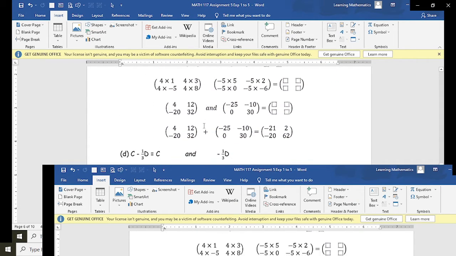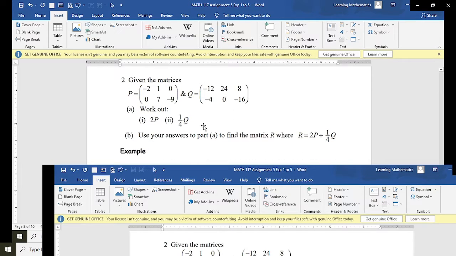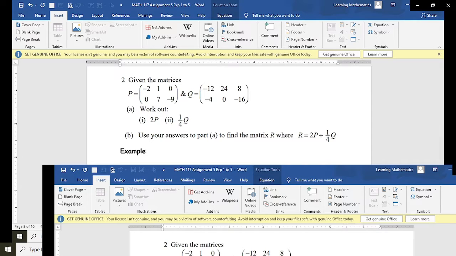Right. And then we have 2, where we have 6 times -2, 1, 0, 0, 7, and -9.